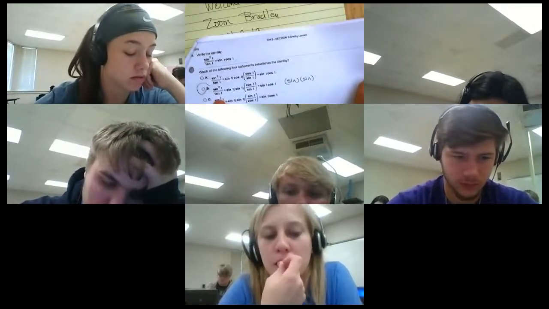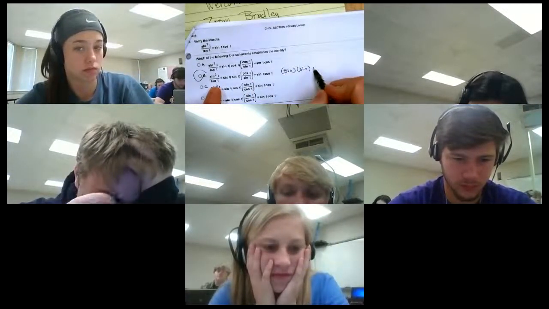That's just plain old exponent work. The tangent being on the bottom means it's the cotangent. It's the flip of the tangent. So the tangent is sine over cosine, so when you flip it, it'd be cosine over sine, which is what they have here. And then those would cancel, and you'd get sine t, cosine t.